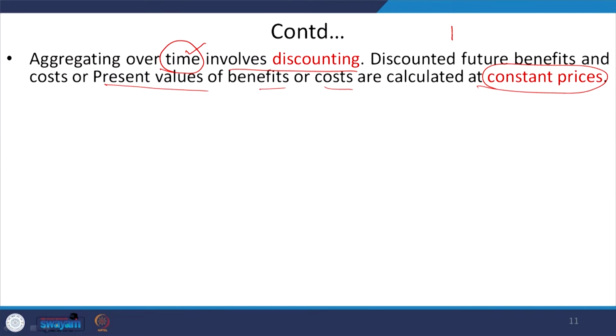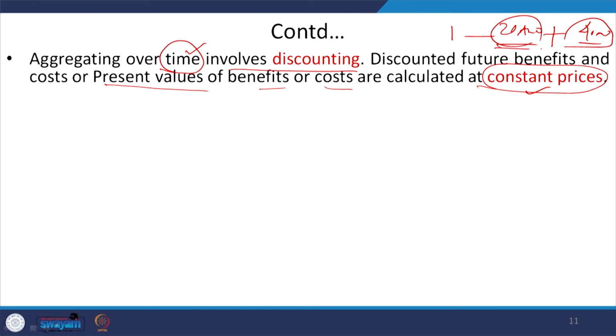Let us say that in the first year, right now, we are getting some benefits of 20,000 rupees, and after 2 years it is likely that we will be getting some amount like 40,000 rupees. But this 20,000 and 40,000 cannot be aggregated if we are taking not the constant price, but their current prices.